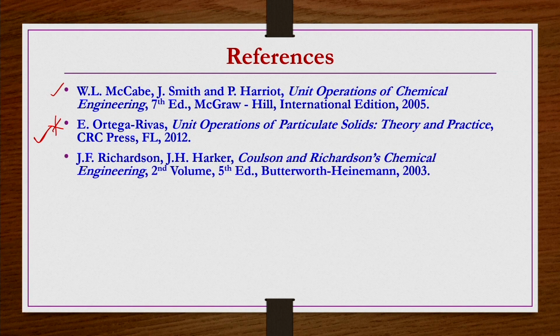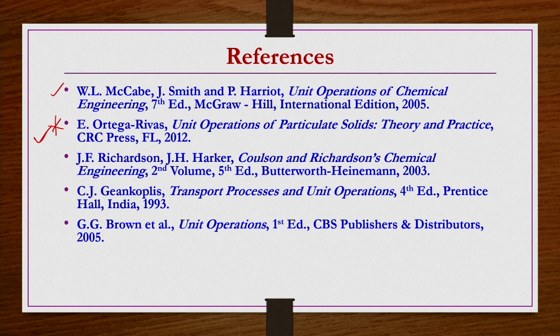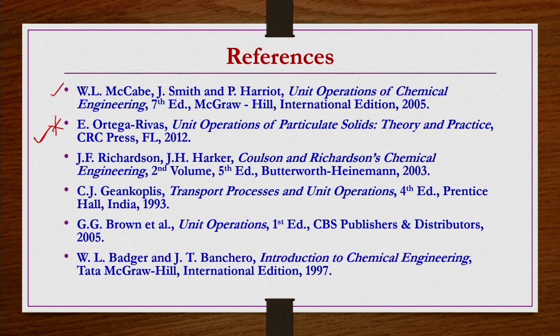Other reference books are Coulson and Richardson's Chemical Engineering Series, second volume by Richardson and Harker, then Transport Processes and Unit Operations by C.J. Geankoplis, then Unit Operations by Brown et al., and finally Introduction to Chemical Engineering by Badger and Banchero.